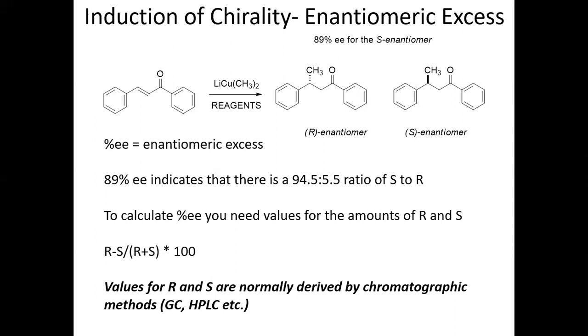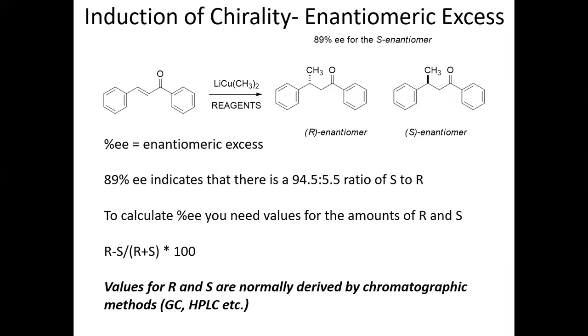The enantiomeric excess is basically the ratio. So if you get a reaction that's 89% EE, that means the ratio of one isomer to the other out of 100 is 94.5 to 5.5. When you subtract those two, you get 89% EE, right?